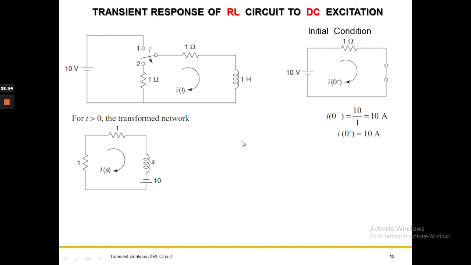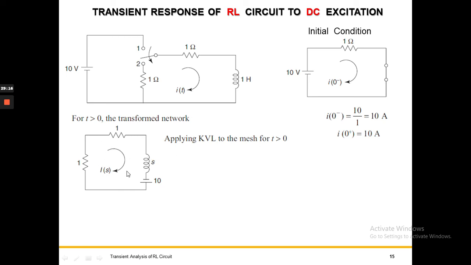Okay. Then you have to take into account this initial current. So initial current will be represented by an independent voltage source. Since it is in a series form, you are going for a KVL. Then you apply the KVL around this loop.